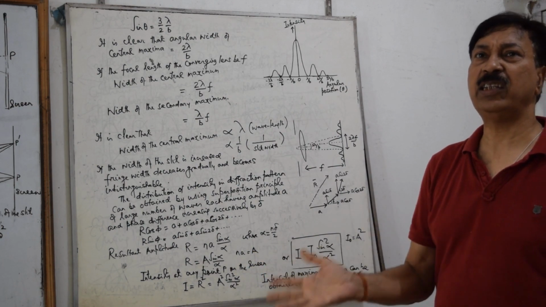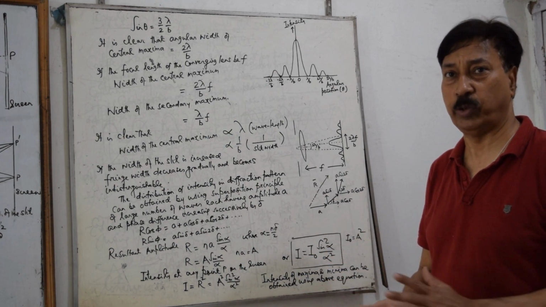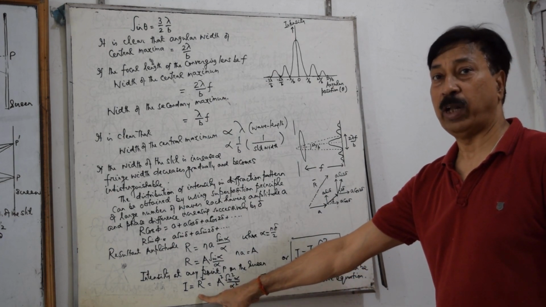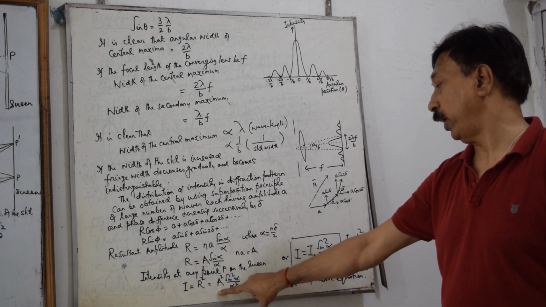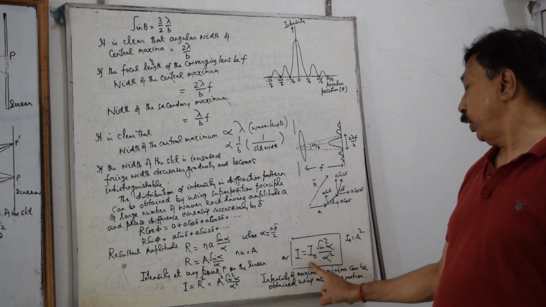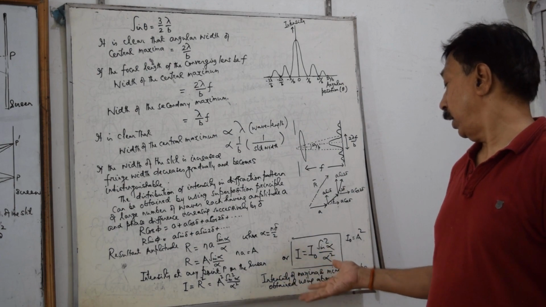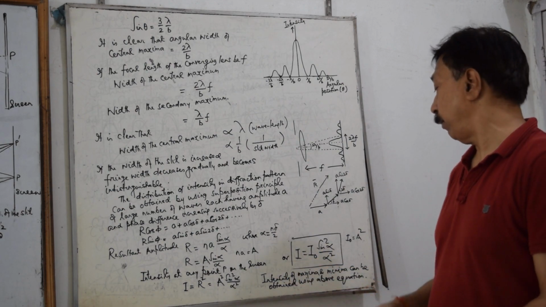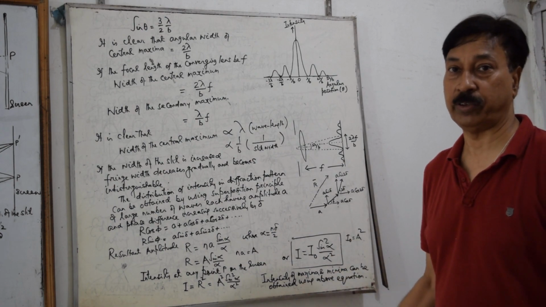Since intensity at any point is directly proportional to the square of the amplitude, we should have I equals R squared. This gives you the intensity. For A squared we can use I naught, and the intensity of maxima and minima in the diffraction pattern on the screen can be obtained using this relation.